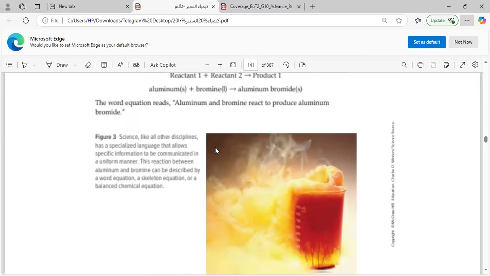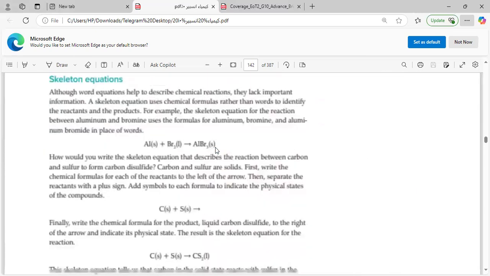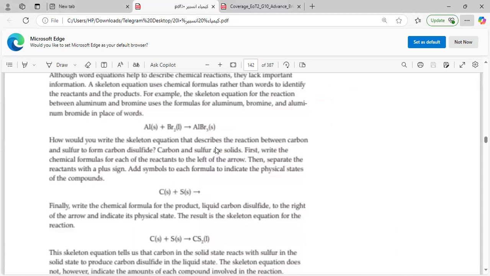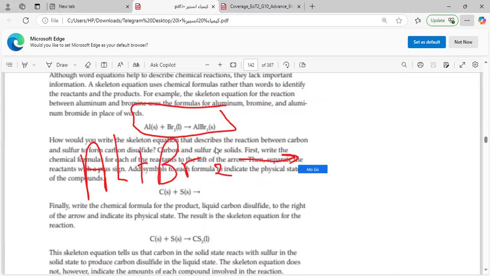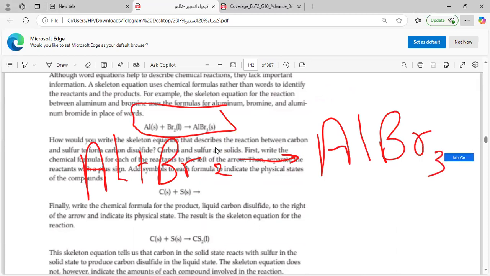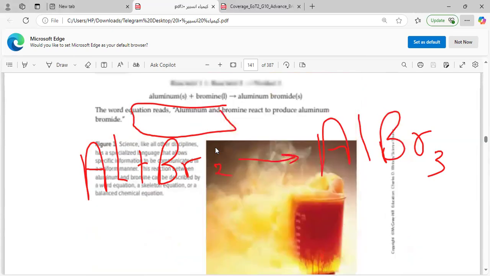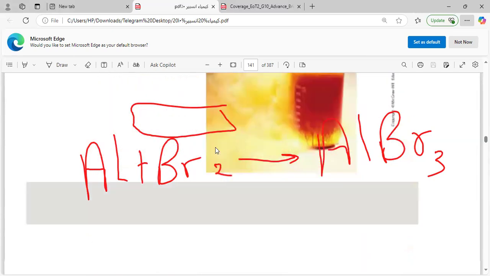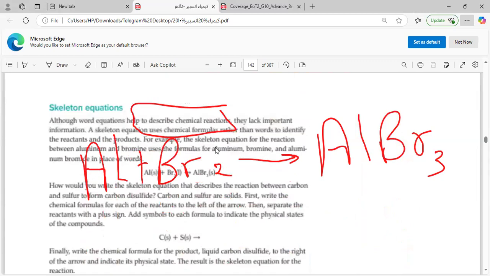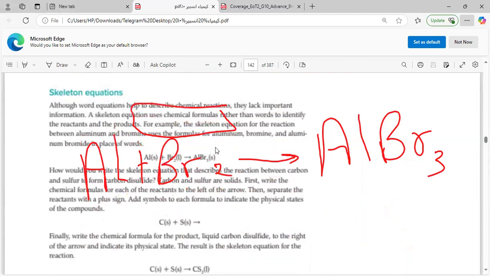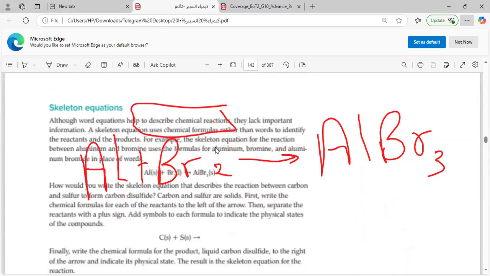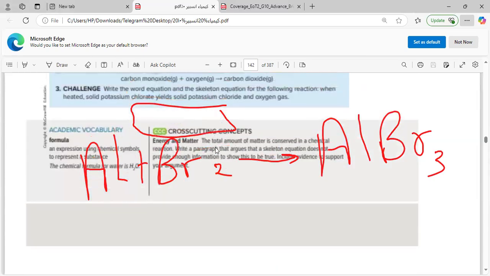Next, we can write the skeleton equation: Al plus Br2 gives AlBr3. This is the equation. The difference is that here it is a word equation, and here it is a sketch or skeleton equation. There is a difference between both of them.